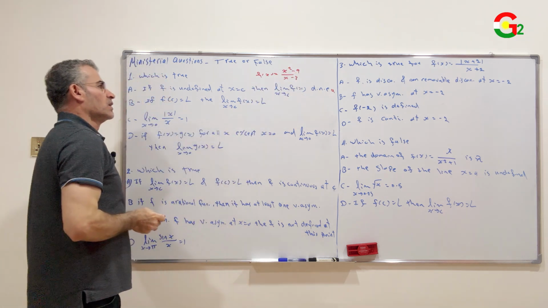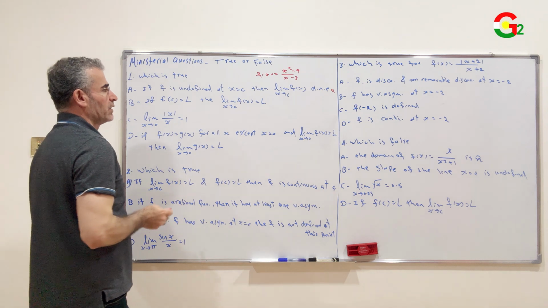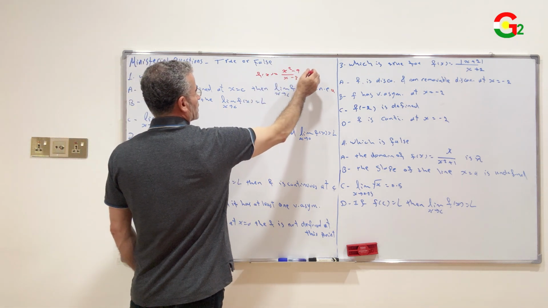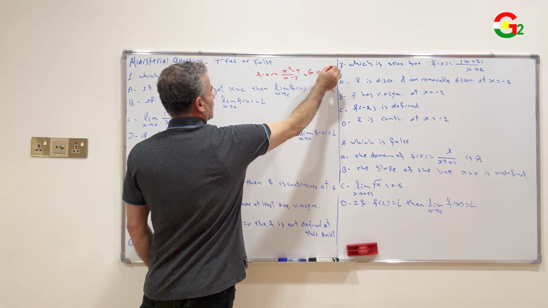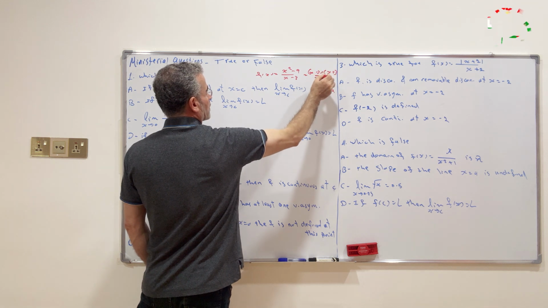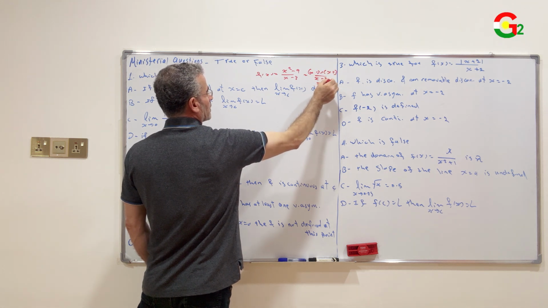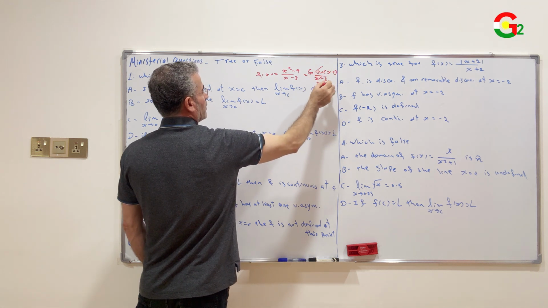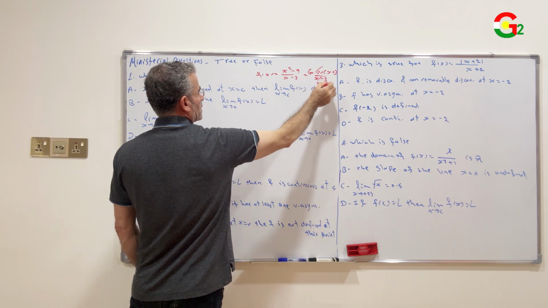This function is not defined at 3, but it has a limit, since x minus 3 times x plus 3 over x minus 3 equals x plus 3, and the limit when x approaches 3 is 6.